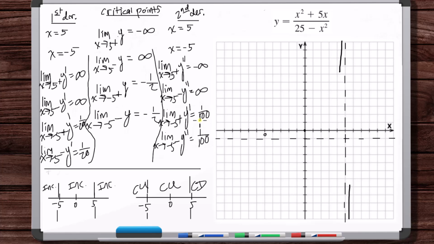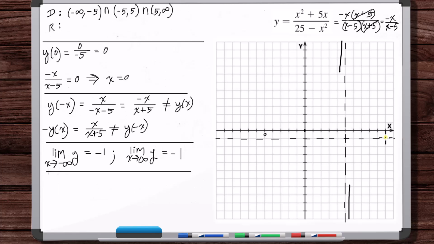Now the horizontal asymptotes: as x approaches infinity, the function approaches -1, and we know it's going to be below -1 because it has to be in conjunction with this portion of the graph. As x approaches negative infinity, the function approaches -1, but it's going to be above -1. Okay, let's now connect the graphs.